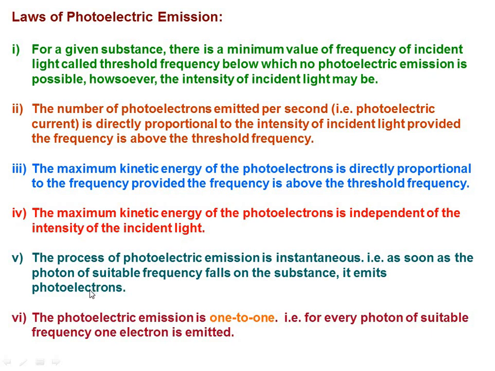Coming to the next one, the process of photoelectric emission is instantaneous. That is, as soon as a photon of suitable frequency falls on the substance, which means the metal, it emits photoelectrons. So there won't be any lag at all.